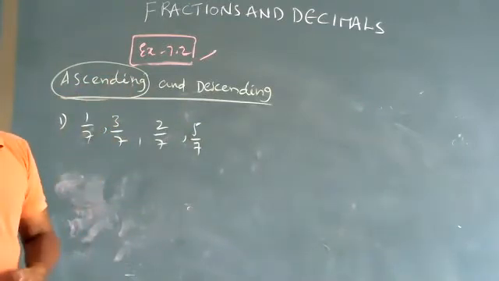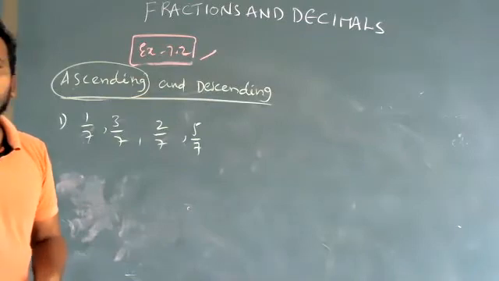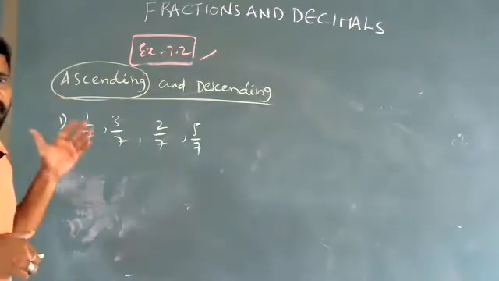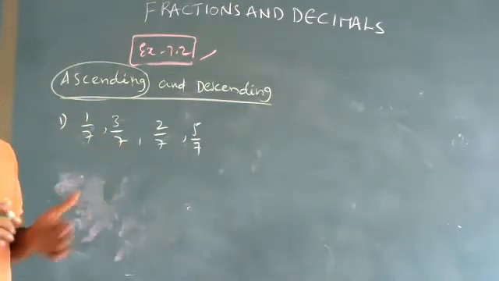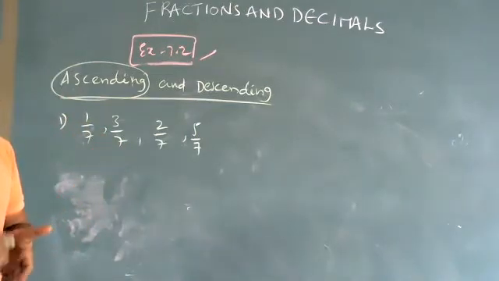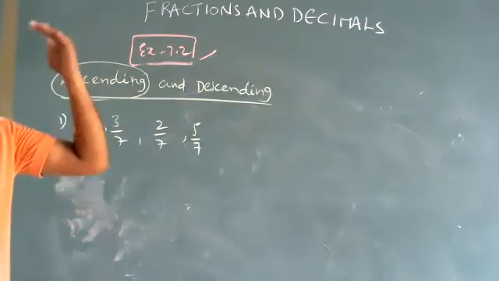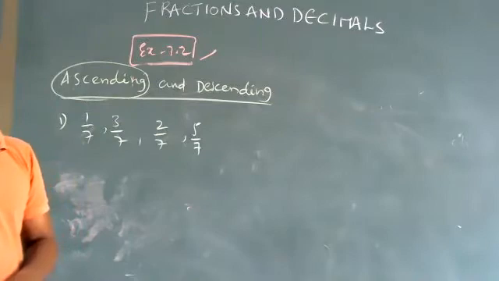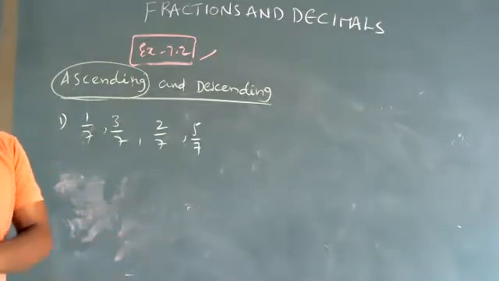When unlike fractions are given, we cannot arrange them directly. Unlike fractions should be converted into like fractions, and then we arrange in ascending and descending order.